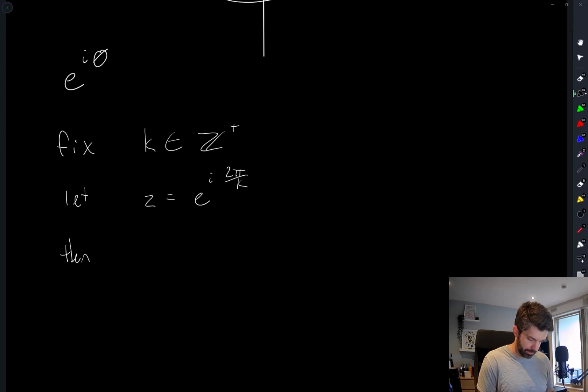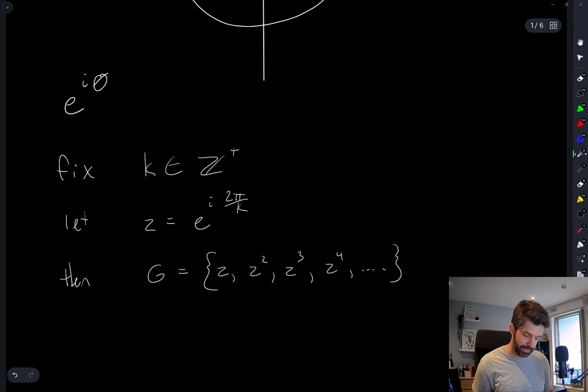Then let g be equal to z, z squared, z cubed, z to the 4, and so on. So eventually this collection starts to repeat itself. In fact, it goes all the way up to z to the power of k, which is in fact equal to 1.